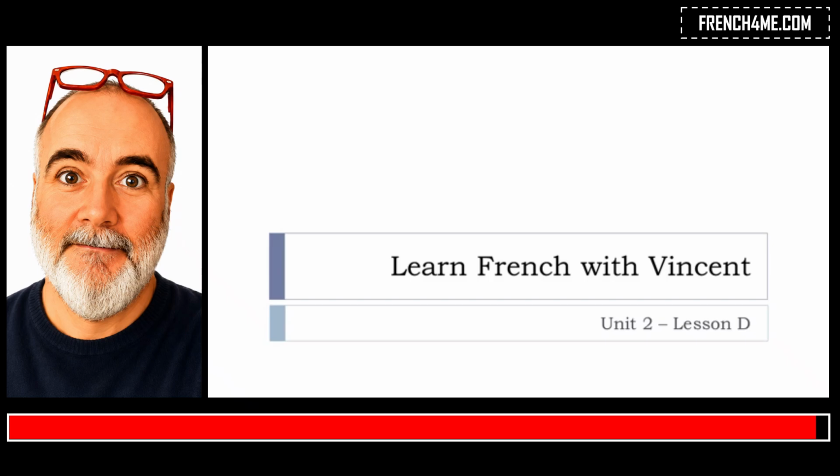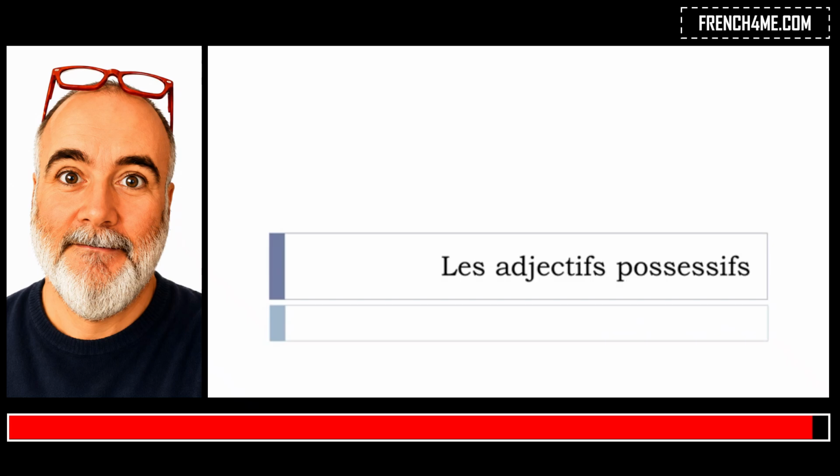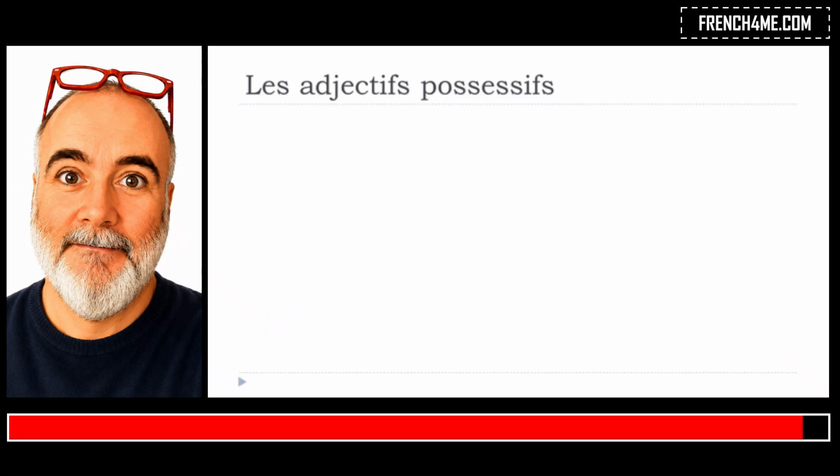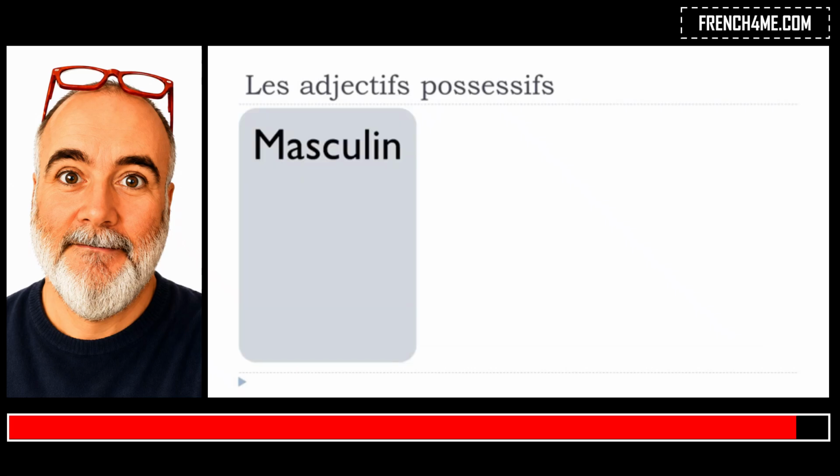So let's see what we'll discover together in this lesson, and we'll work on les adjectifs possessifs, so really useful. Well, in French, as usual, we will have the difference between masculine form.